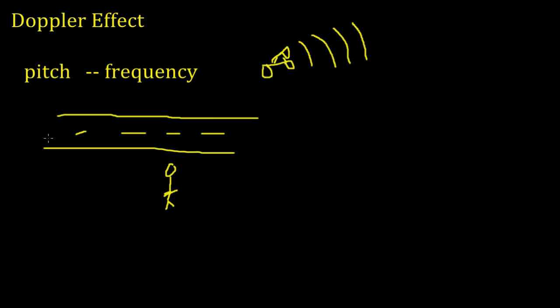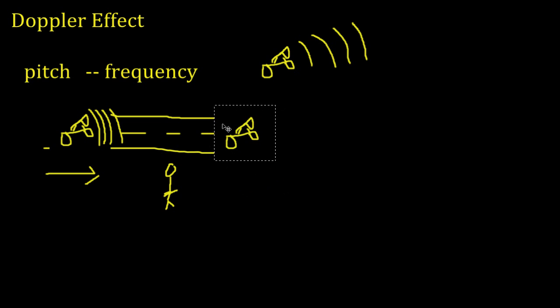But when the motorcycle is moving towards you, it's moving forward, so that's causing its sound waves to get compressed closer and closer together. So you actually hear a higher pitched sound than the motorcycle's making.